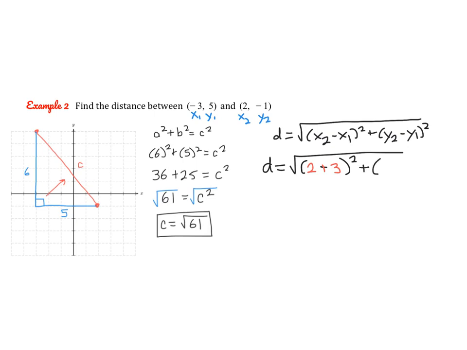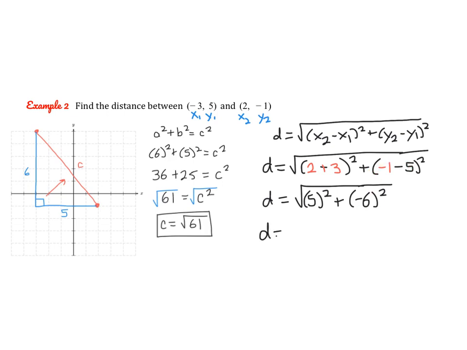And then y2 is -1. And then we have minus y1, which is 5. Here, 2 plus 3 is 5. So we have 5 squared plus (-6) squared. Because -1 minus 5 is -6.